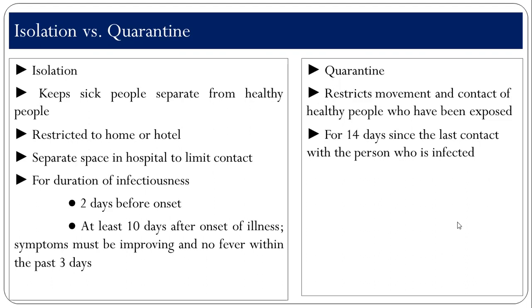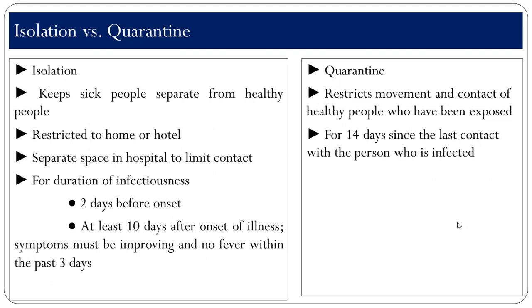Now, coming to quarantine. Quarantine means restricting the movement of healthy people who have been exposed, and their contact with other people. So, we isolate a case, but we quarantine contacts because they have been exposed and they could become infectious.